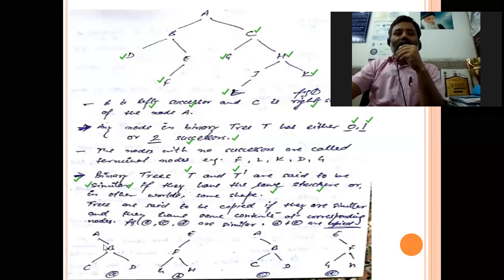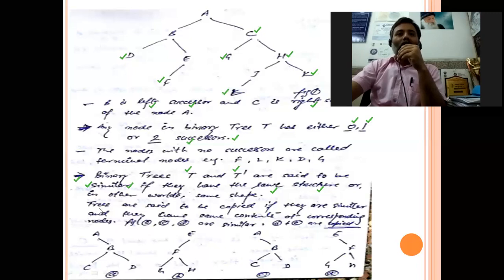Like, see here, this A, B, C, D figure and this A, B, C, D figure both have similar structure, the same shape. Then we will say both are similar.